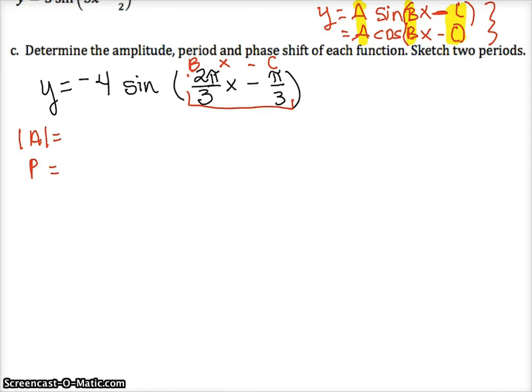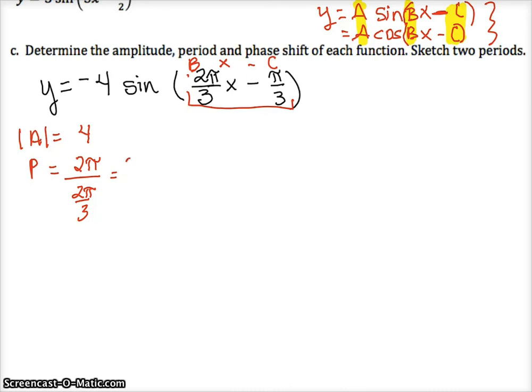So your amplitude, remember, is the absolute value of A, and in this case, A is -4, so our amplitude is 4. That means that our max will be 4 units above the x-axis and our min will be 4 units below. And then our period is 2 pi divided by b. In this case, b is 2 pi over 3.